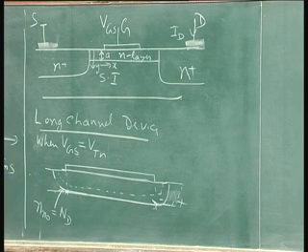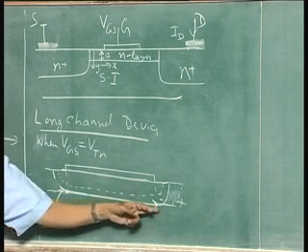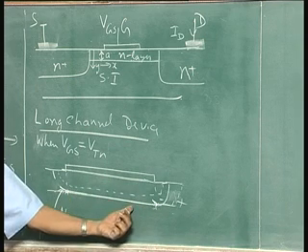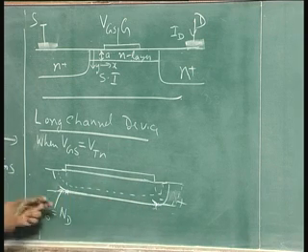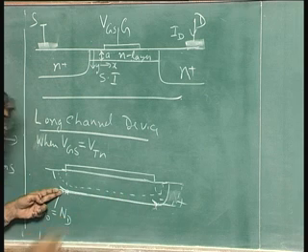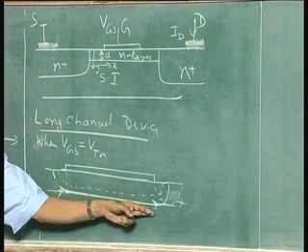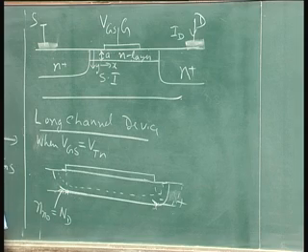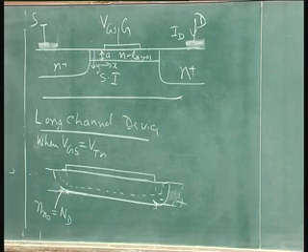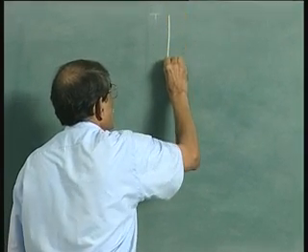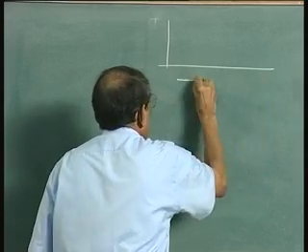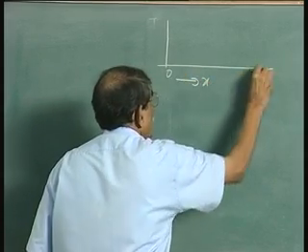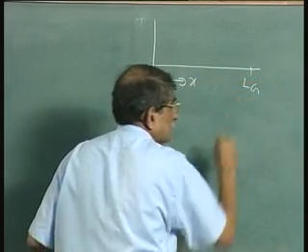So, what will you say now? There is no field here, there is no potential drop, but there is a concentration gradient. N d here, 0 there. So, between these two there will be a concentration gradient, and there is a current flow. So, what will happen now: x equal to 0 to x equal to L g.